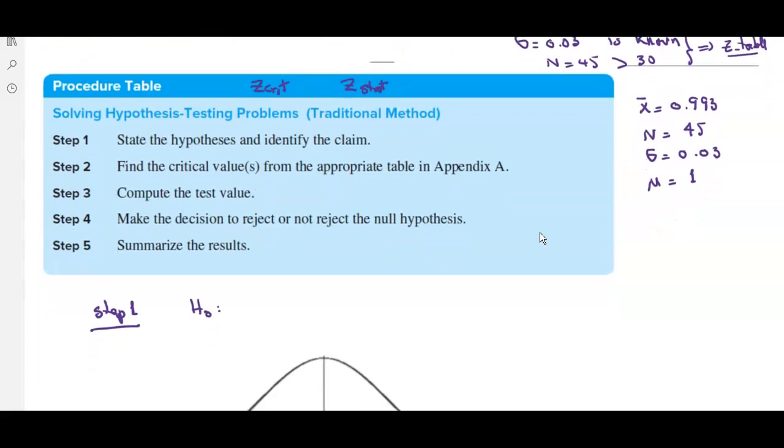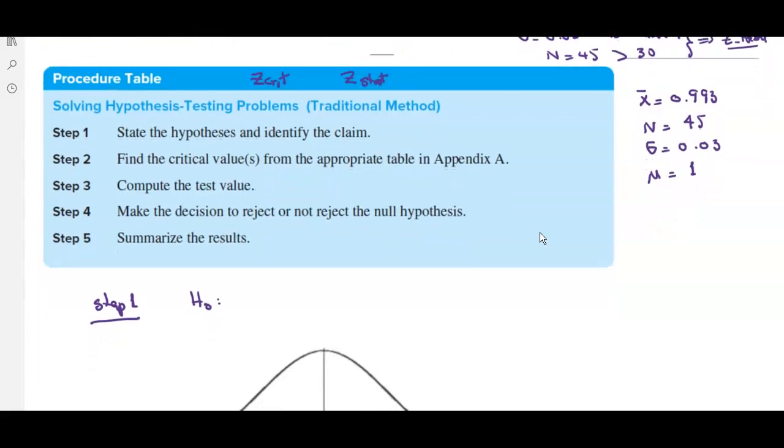So your hypothesis testing will be the mean equals 1, and this is actually the claim. That's what we want to verify. And H1 is the mean is different than 1, so the opposite statement.